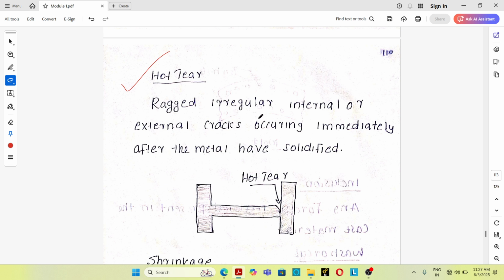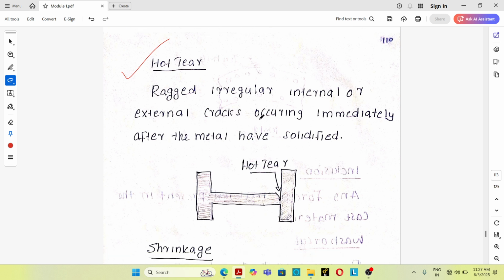Second one is hot tear. This is a very important defect. Actually, hot tear is a solidification defect. Hot tear is an irregular internal or external crack occurring immediately after the metal has solidified. This hot tear is usually visible at an abrupt change in section.